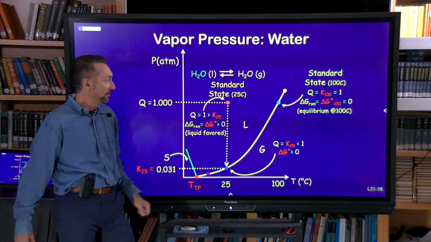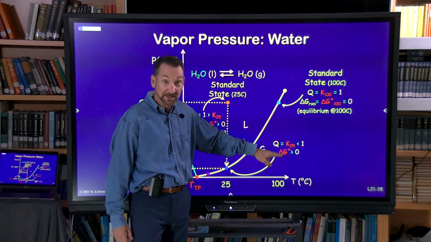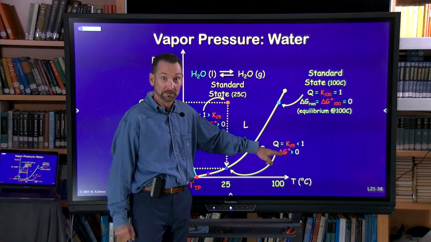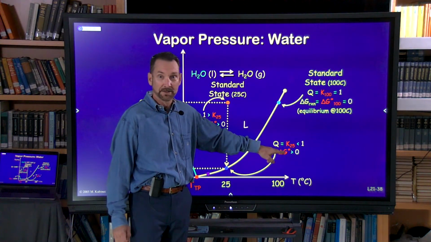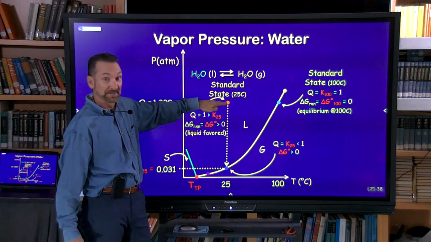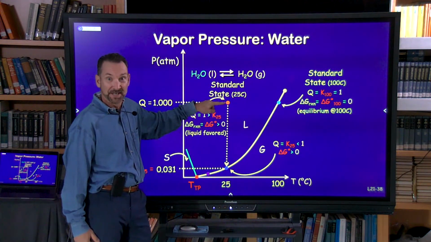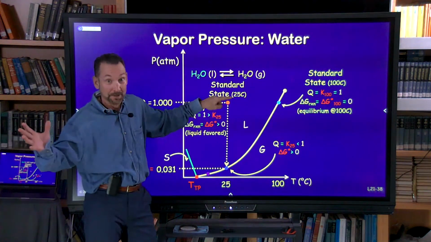That's the equilibrium line. The standard state free energy difference is still RT ln Q. So that number is still greater than 0 because that always refers to this. If I put that 0, that refers to this state, regardless of where I actually am.